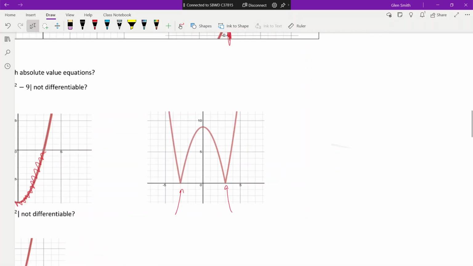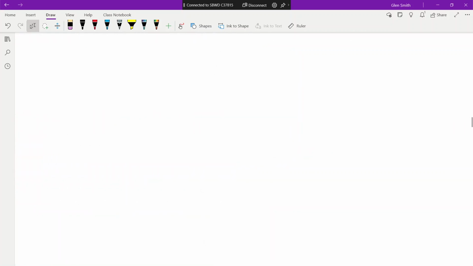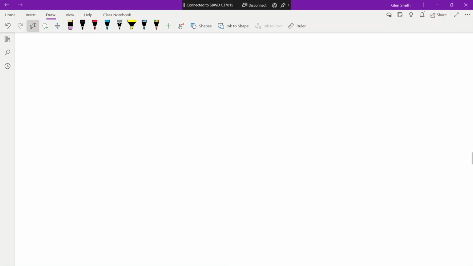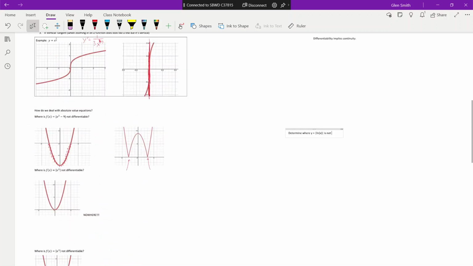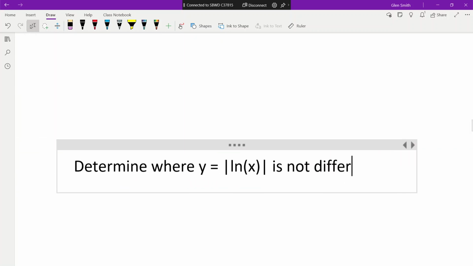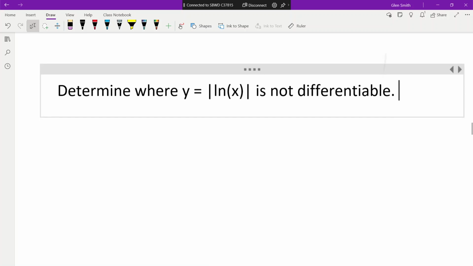We're gonna put this to the test here. All right. Don't yell this out at me. Here we go. Determine where y equals the absolute value of ln of x is not differentiable. There we go.